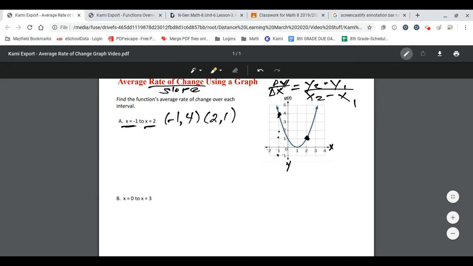So now I have 2 points that I'm going to use, and that's where our x1, y1, x2, y2 comes in. And now I can use those and use my formula.